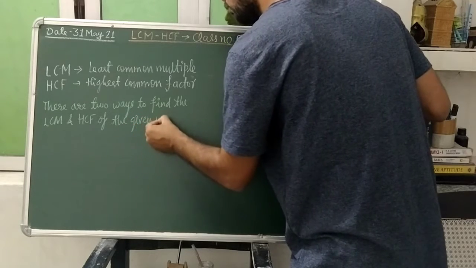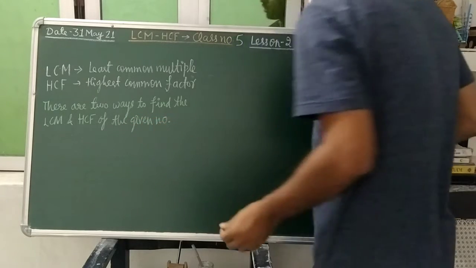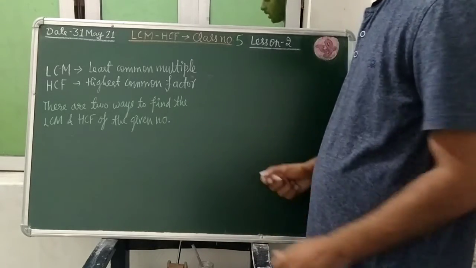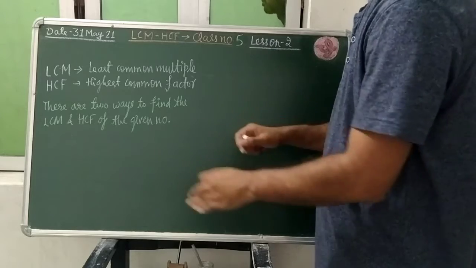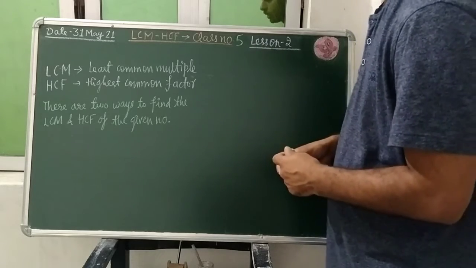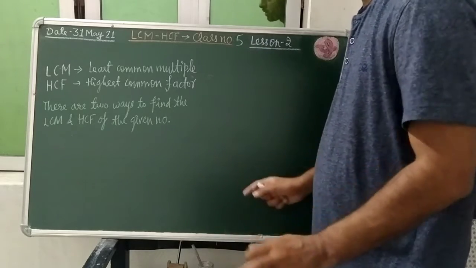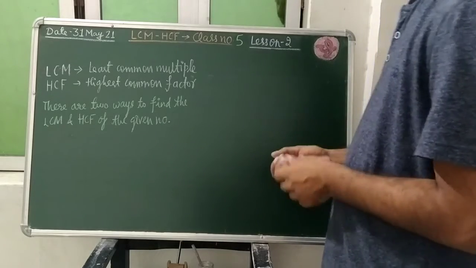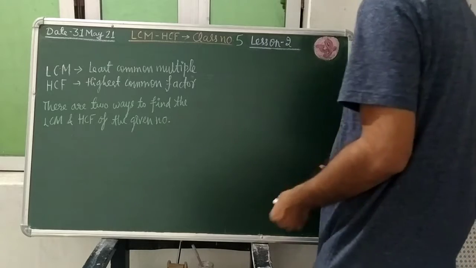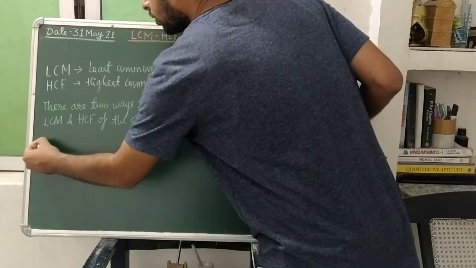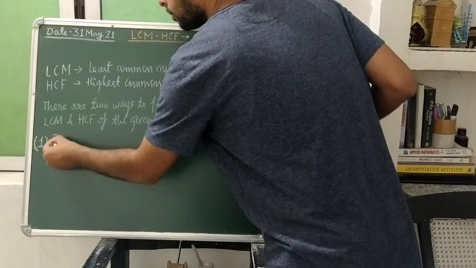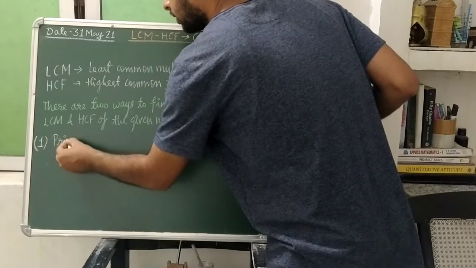Okay, of course, when we find out the LCM and HCF, there will be two or more than two numbers. Okay, one number will not be present, there will be two or more than two numbers. Okay students, so those two methods are, students, the first method is the prime factorization method.